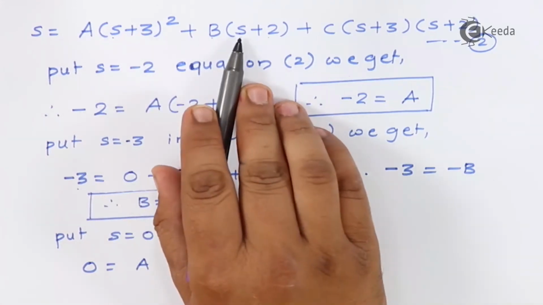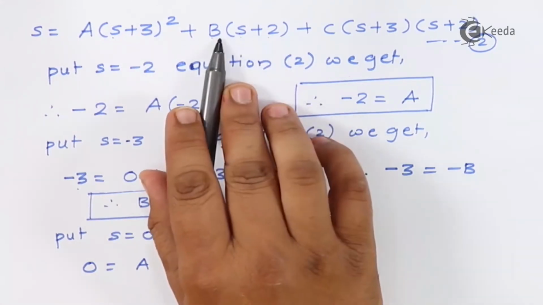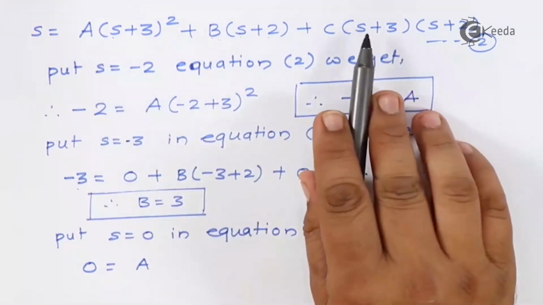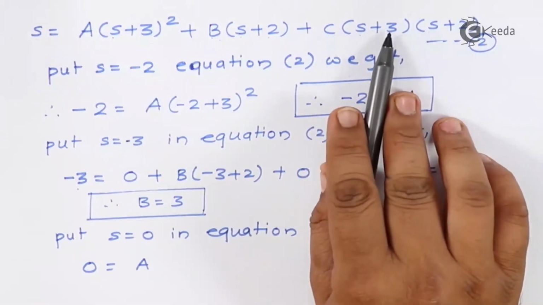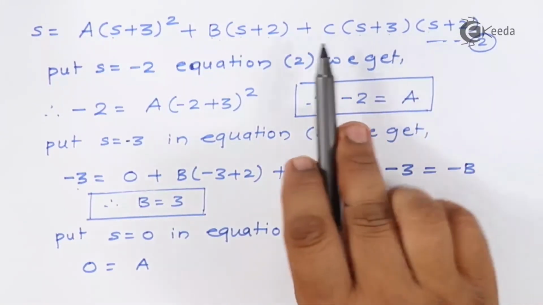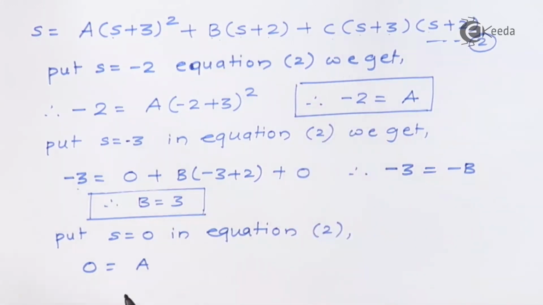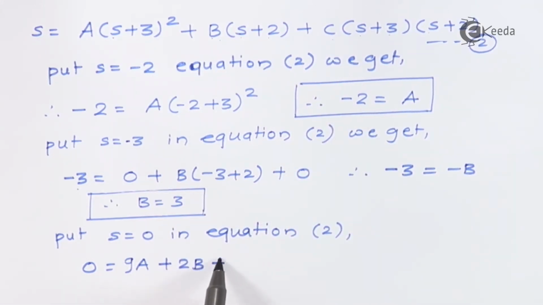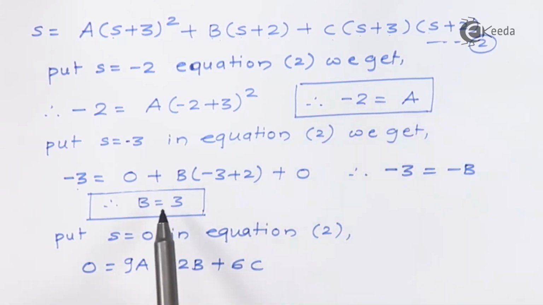Now here this s is replaced by 0, so what you will get, here we have 9A, and both these s become 0. So in bracket we have 3 and 2, 3 2s are 6 and 6 into C is 6C. So here I'm going to write 9A. Now out of this A B C, this A value is known and B value is known. So shift this 9A and 2B on left hand side and then substitute the values of A, B to get the value of C.